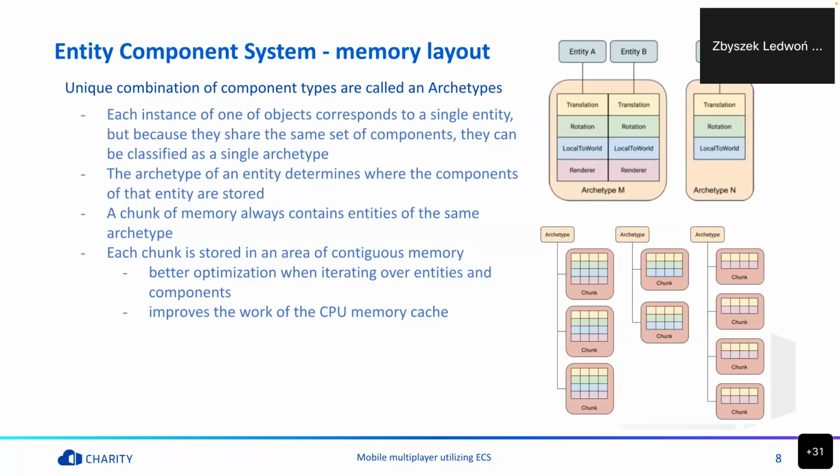Because games and simulations in general usually want to work on the same type of objects at a given time. So this strategy fits perfectly to be efficient, and it increases the code execution big time.